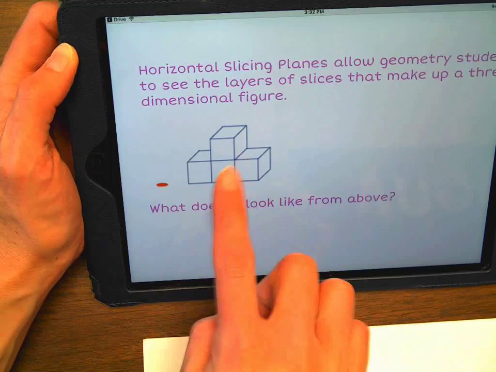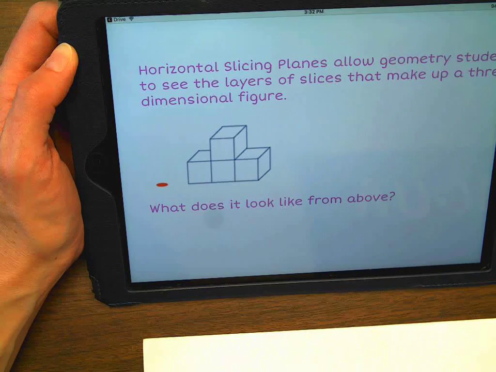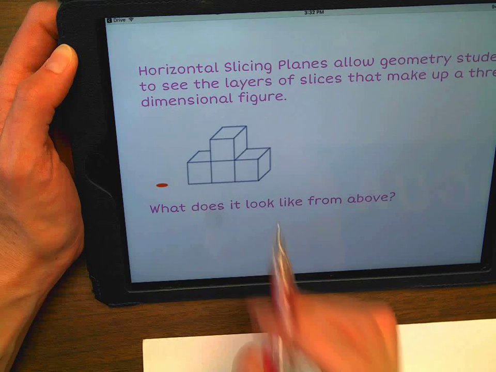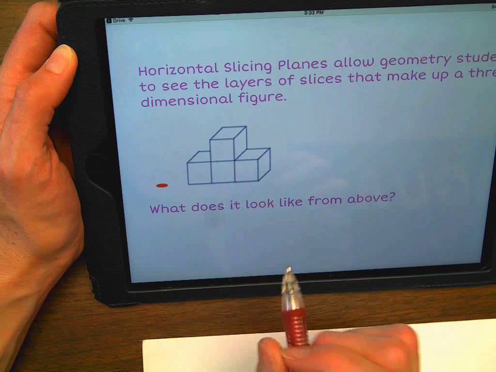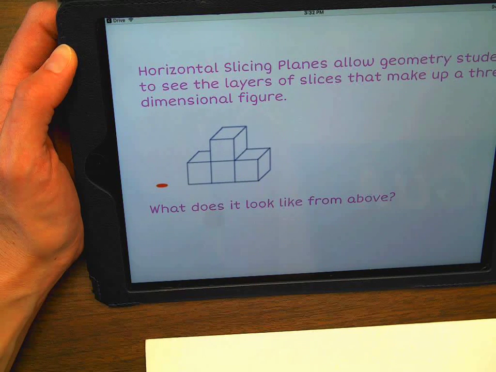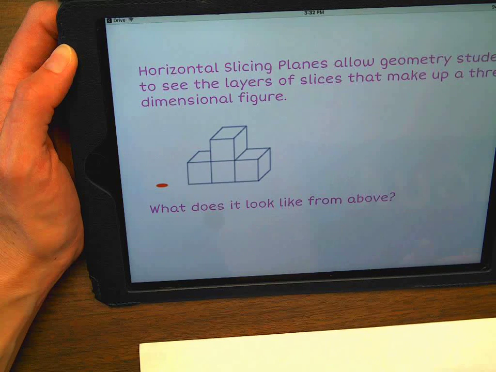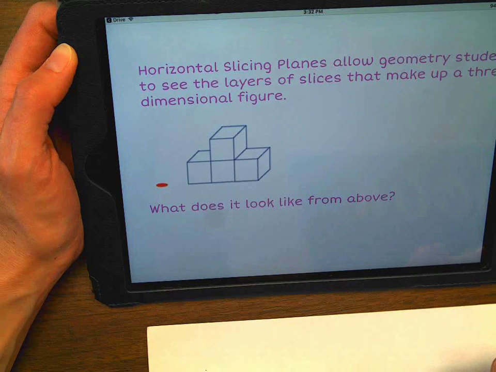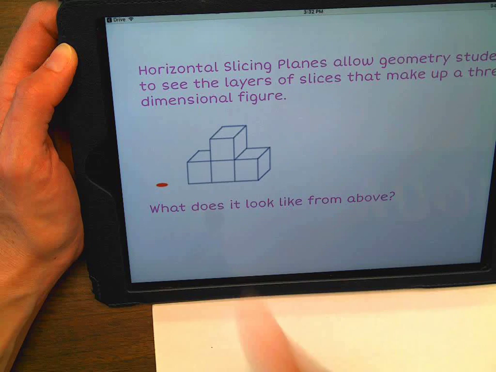From this end right here, we know that this is a two-layered figure. It has a bottom layer and a top layer. But if we're a bird flying directly above it, like we were with the house, what would you see? And remember, when you're flying above and looking straight down, do you have the ability to see dimensions? We talked about that a little bit.